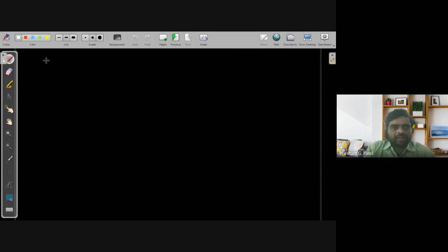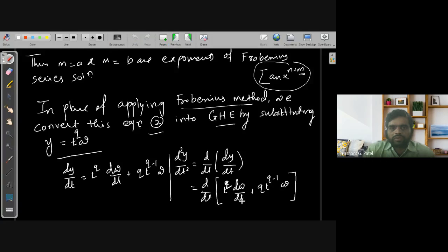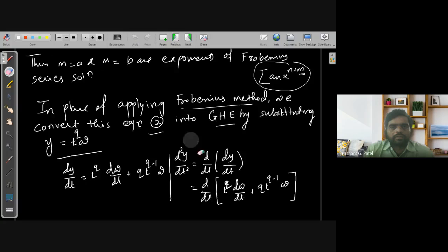So using that, we can say that d square y by dt square will be, actually, the derivative of this quantity.